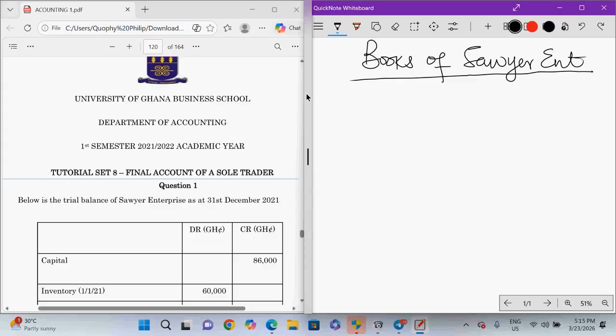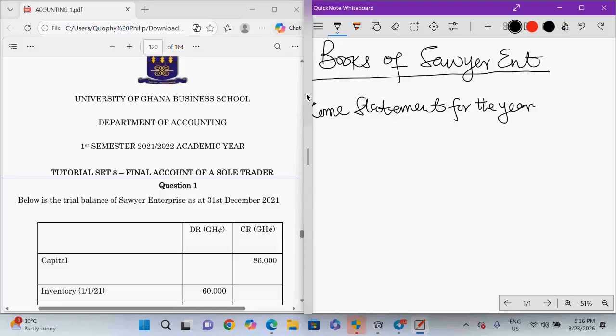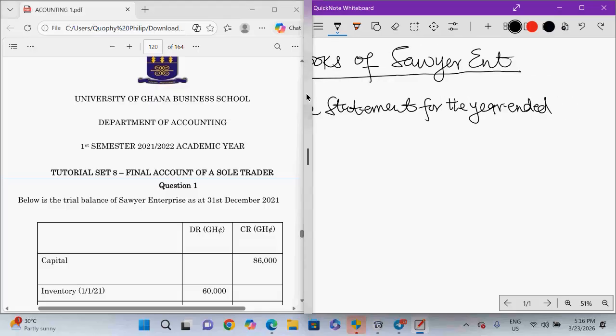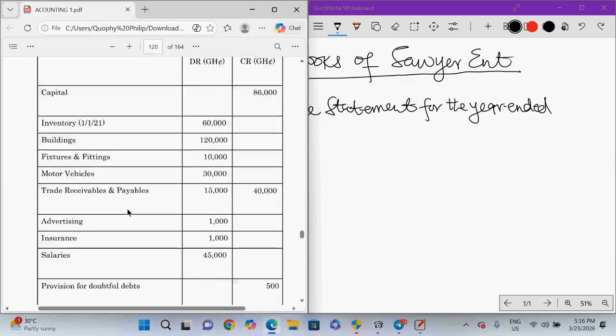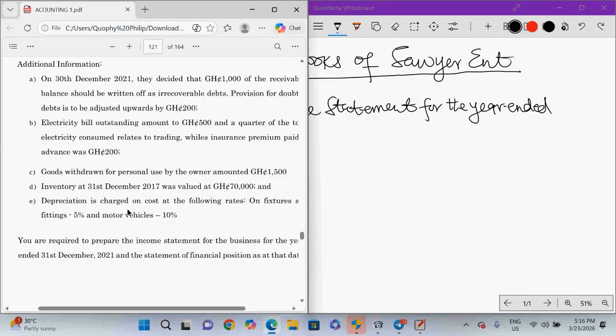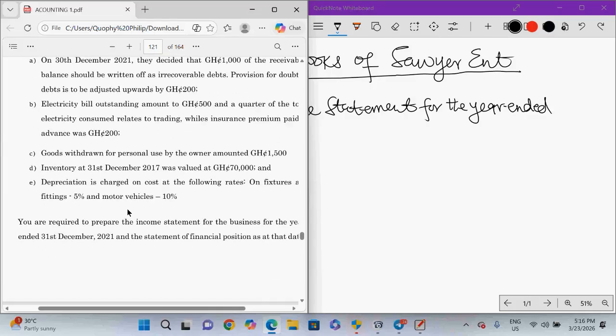Okay. So now we have to prepare the income statement. Income statement for the year ended. What is the date? 31st December 2021. Yes.